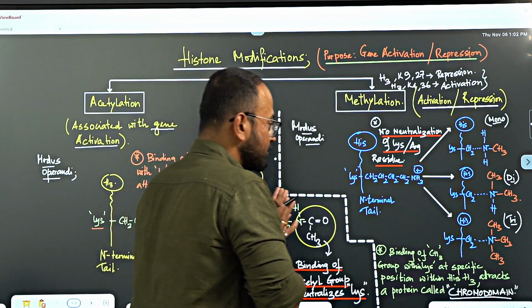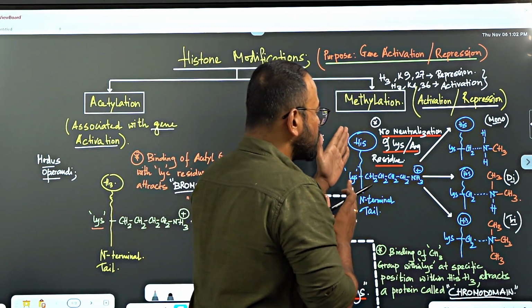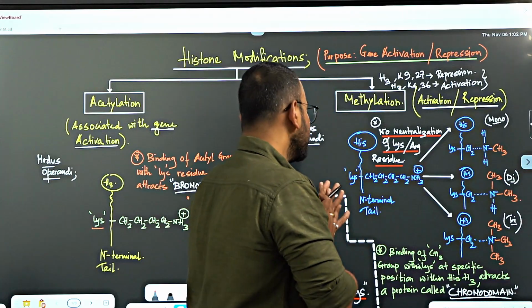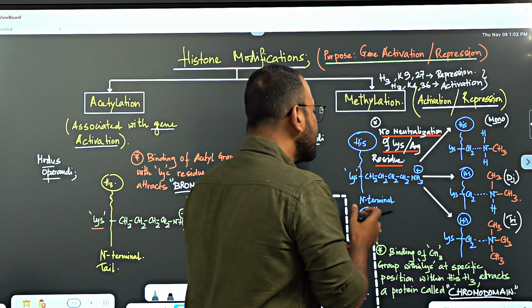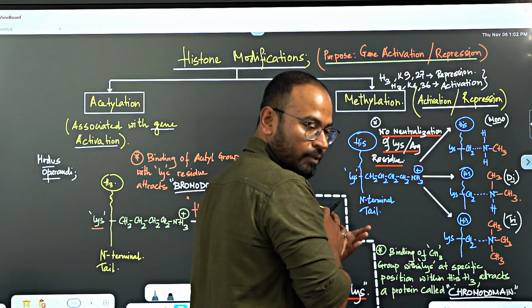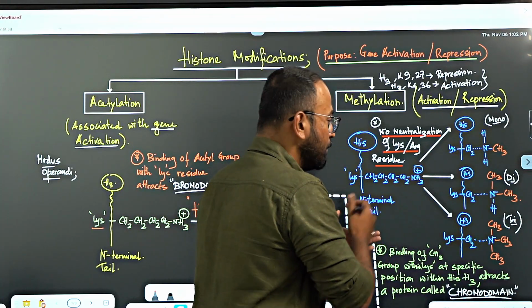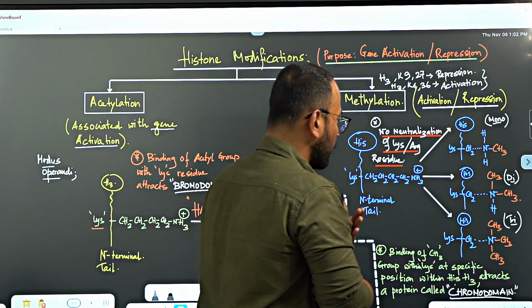Now what happens? Let's see. Again we are taking histone H3 as an example, and we have our N-terminal tail. Within that N-terminal tail lies our lysine residue, and we know the structure of lysine bearing a positively charged amino group.